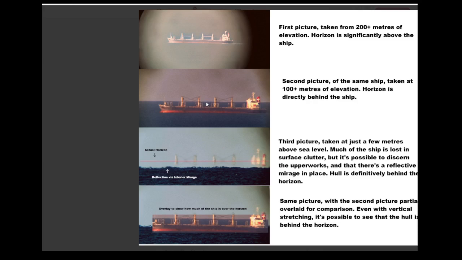We're not quite as high up as the tops of the masts. We're about as high as the bridge there. And we can see that because that's where the horizon is. So the horizon has moved down with us. It's gone from appearing to be at 200 meters down to our 100 meter eye level or elevation.